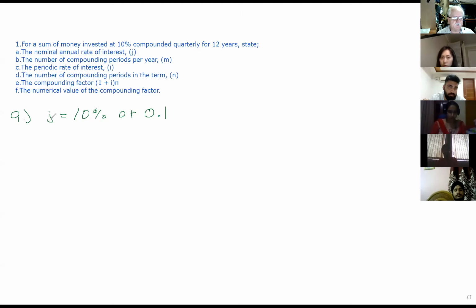The letter J is a bit annoying because quite often it gets referred to as R, the annual rate of interest, but here they refer to it as J.